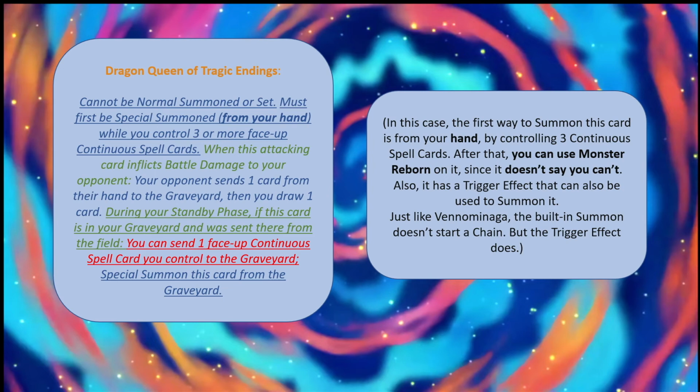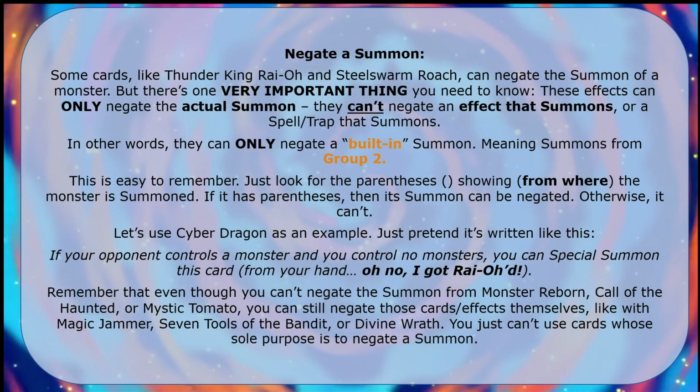So I hope this explained the difference between these 2 sections of cards. It's quite a bit of a process, but if we want to look specifically at the negation of summon, you know, some cards like Thunder King Rai-Oh or Soul Drain can negate the summon of monsters.